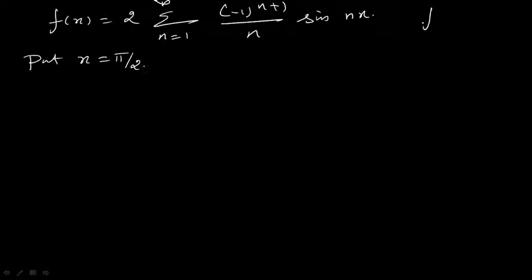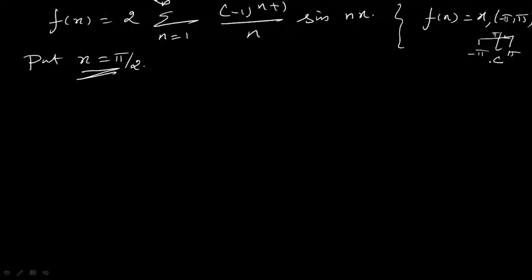What is your given function? f of x equal to x, in which interval? Minus pi comma pi. After taking the point x equal to pi by 2, you have to verify whether this is of continuous type or discontinuous type. Pi by 2 is inside the interval, isn't it? So that is a continuous point.